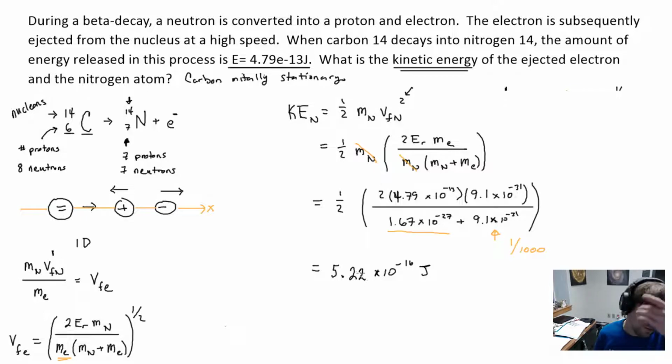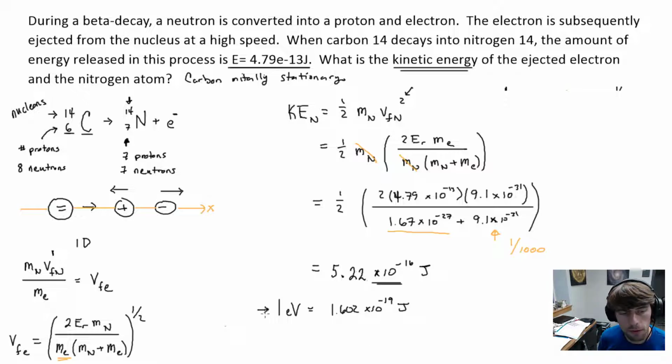To give you an idea, you might be familiar. Chemists, also high energy physicists, we get bored. We don't like writing this times 10 to the negative 16th. And so it's common practice to use a different unit called the electron volt. I'll tell you 1 eV is equal to 1.602 times 10 to the negative 19th joules.